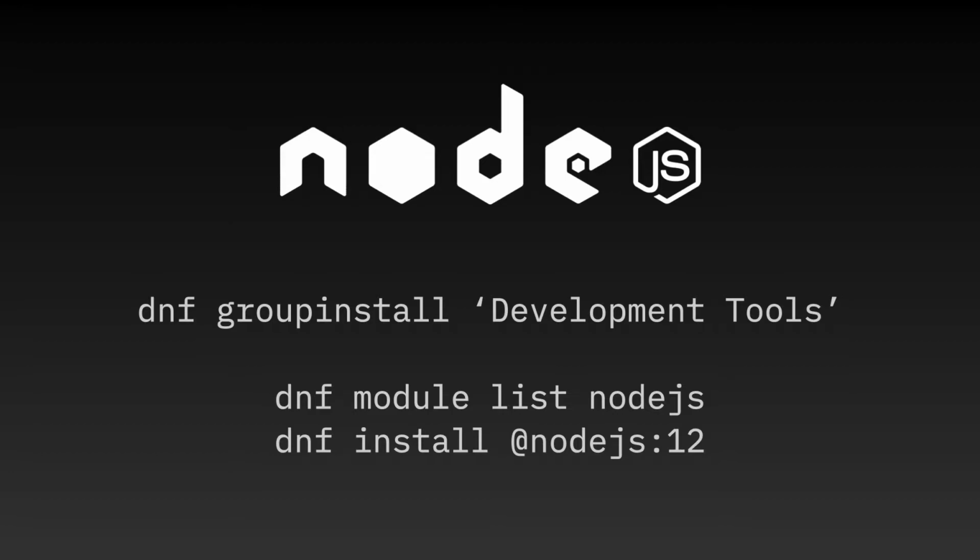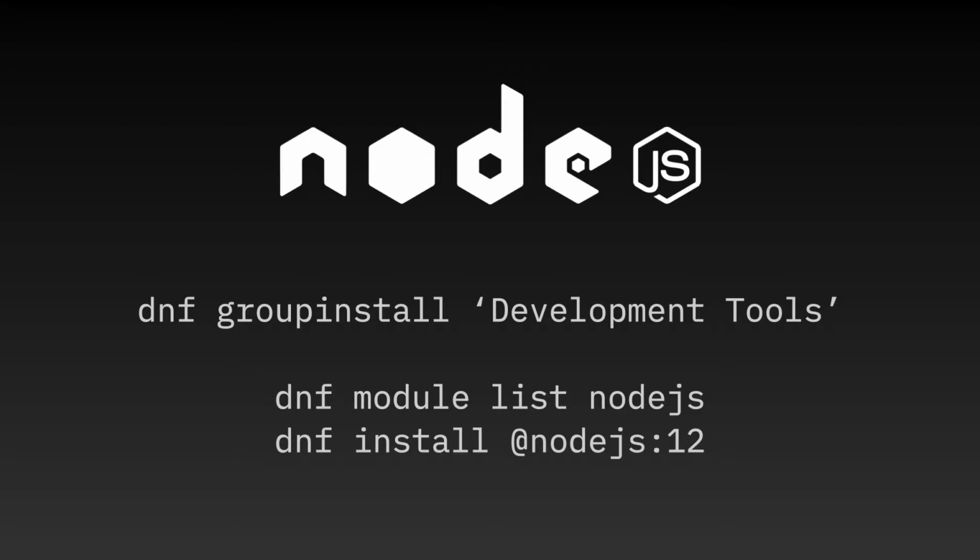So we are going to use DNF. It's a new package manager that came for Red Hat, CentOS and Fedora to improve some aspects of Yum, and it helps us manage all the dependencies and get our packages onto our systems. So the first thing I'm going to install is the development tools.